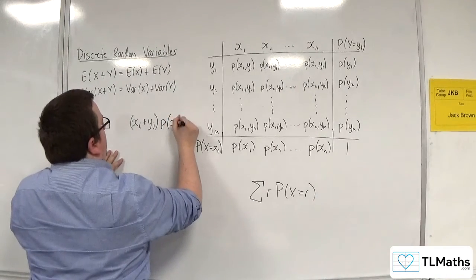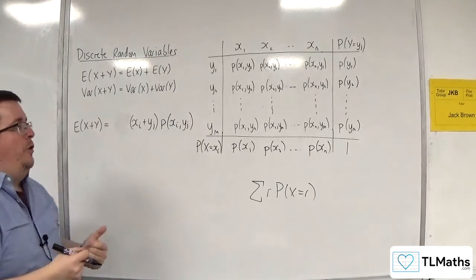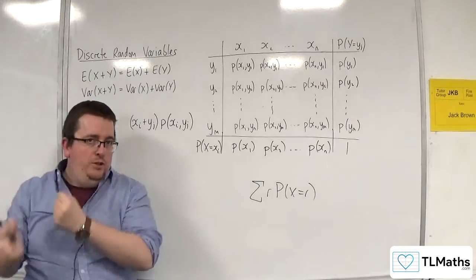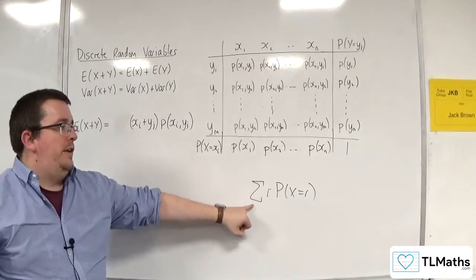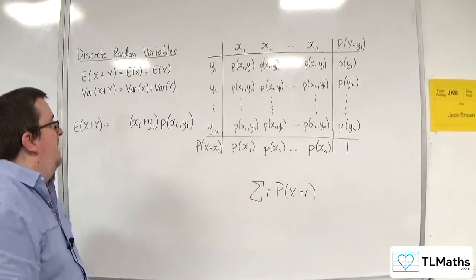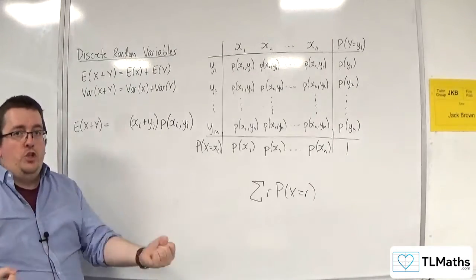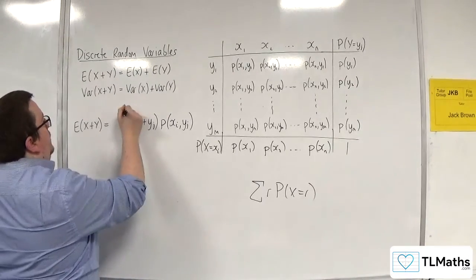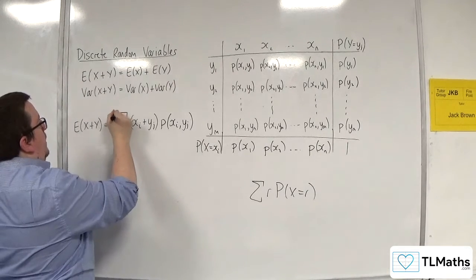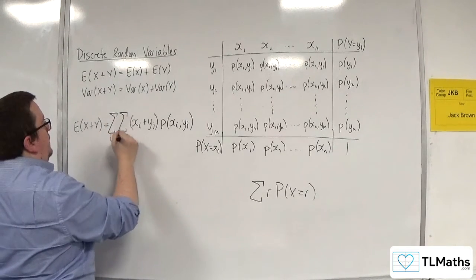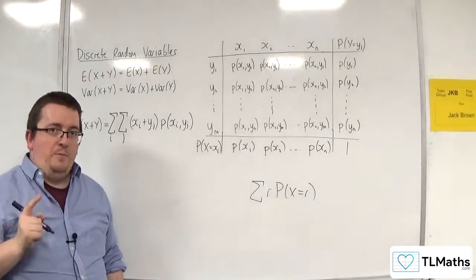So xi plus yj. Now, because you've got i's and j's in this, when I add them all together using the summation, I actually need a double summation, because I'm dealing with i's and j's at the same time. So essentially I need one for i's and one for j's. Keep with me here.